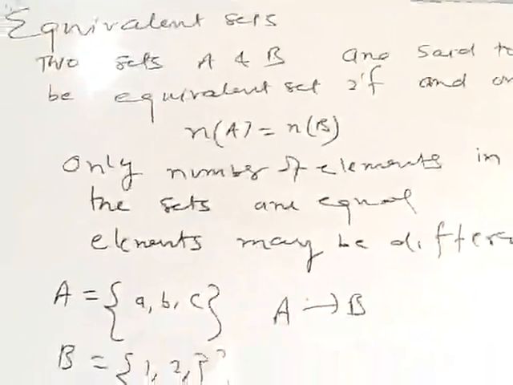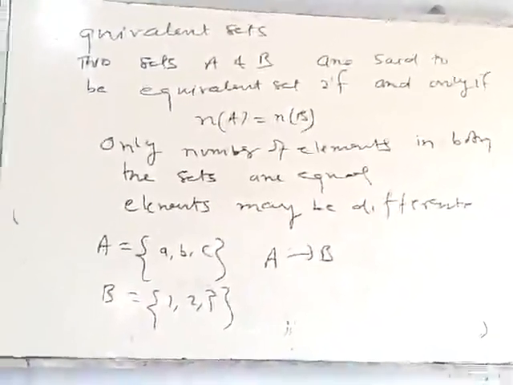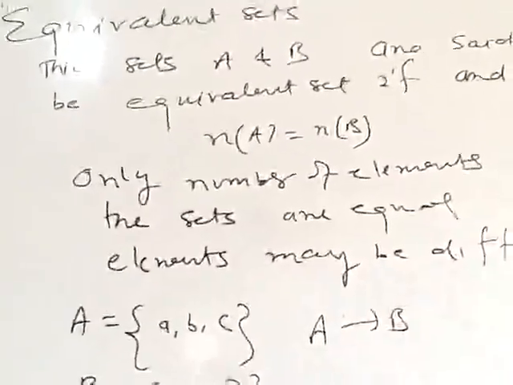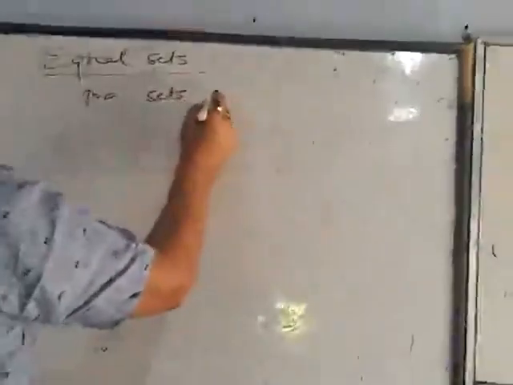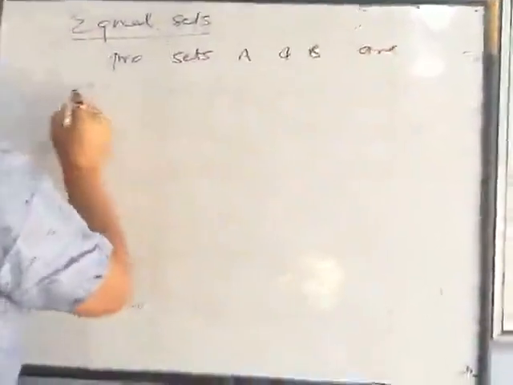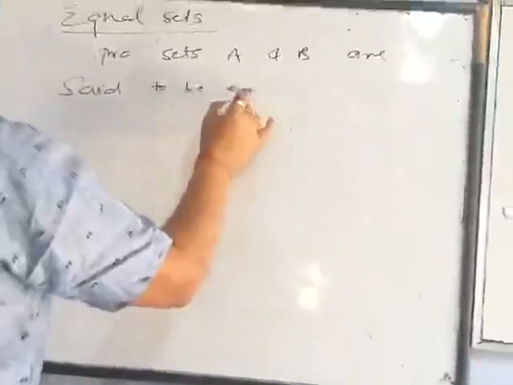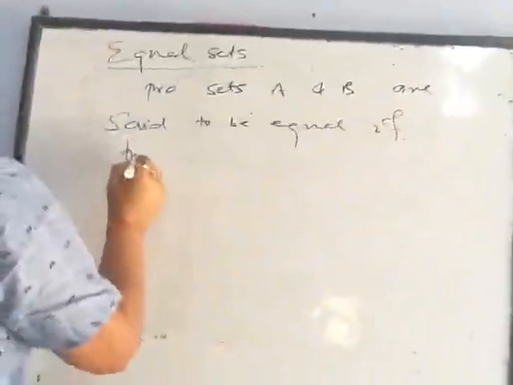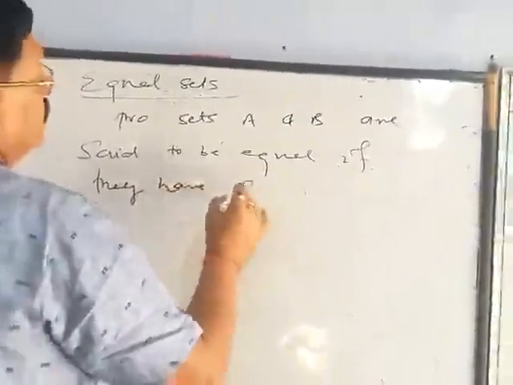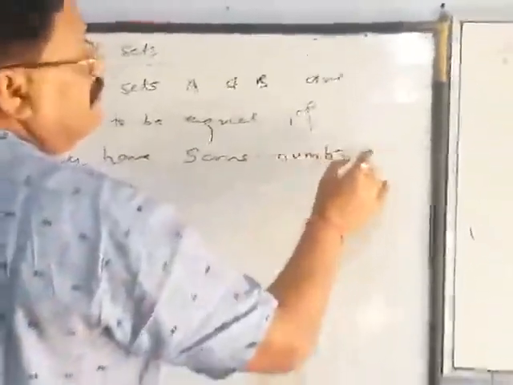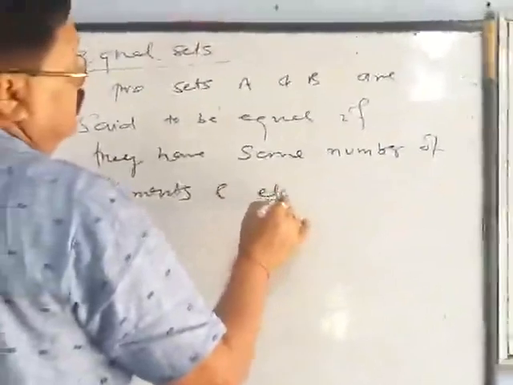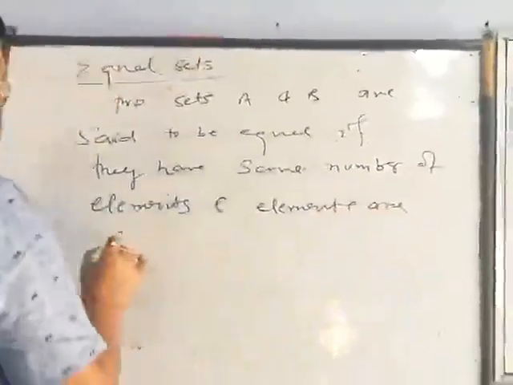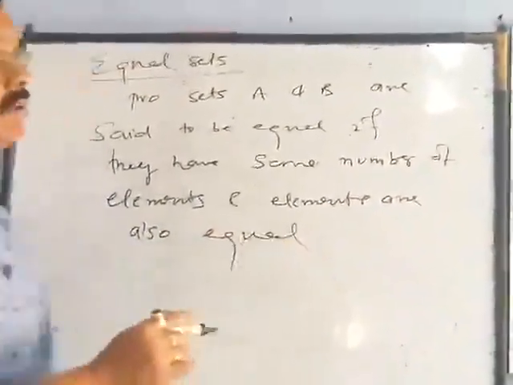Now equal sets. Two sets A and B are said to be equal if they have the same number of elements and the elements are also equal.